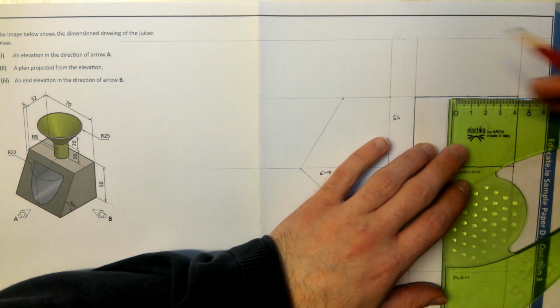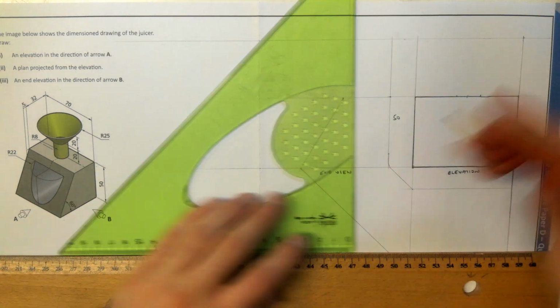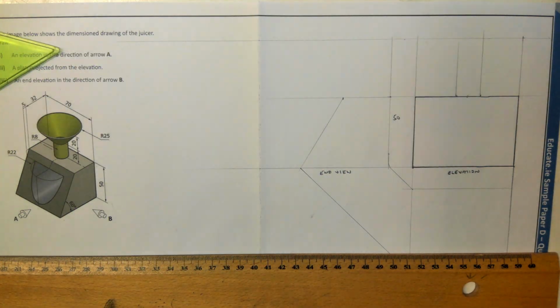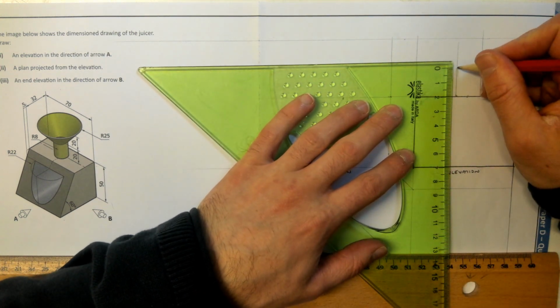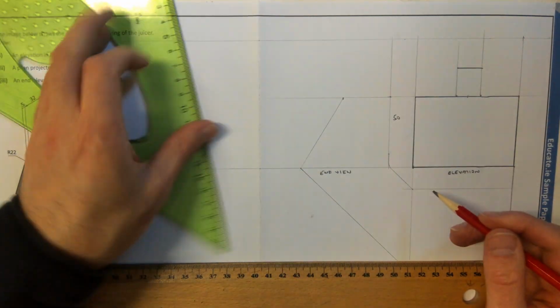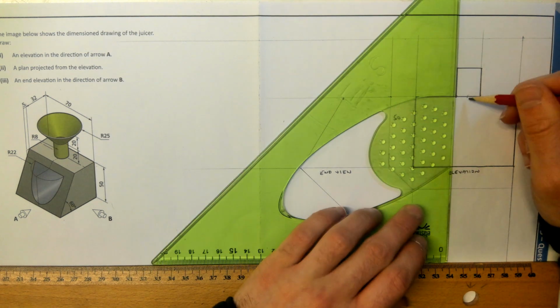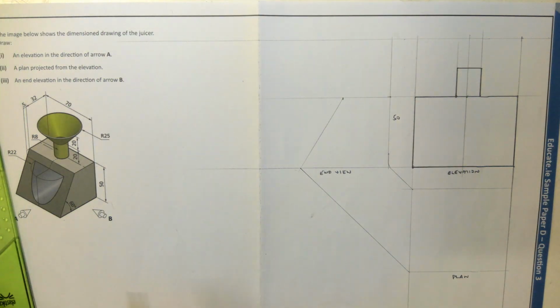Radius 8 means I go 8 each side. And then 20 there. I'll just keep that center line because I'll need it for the plan.